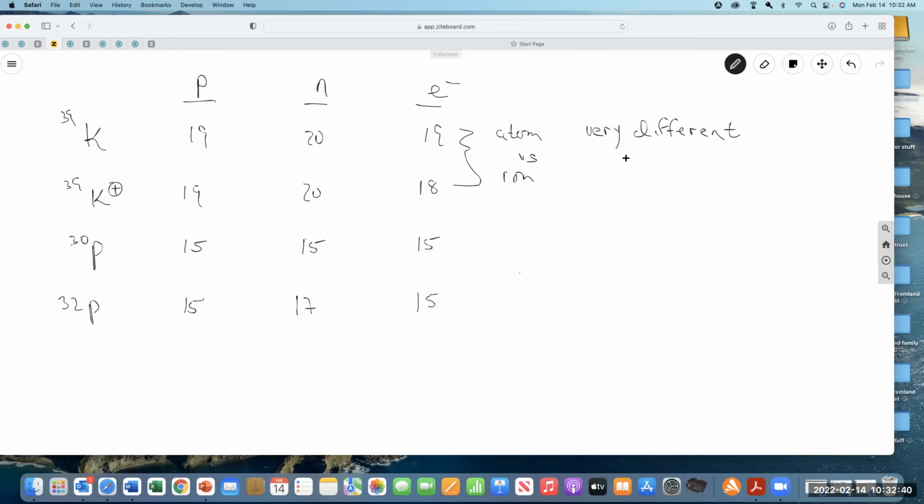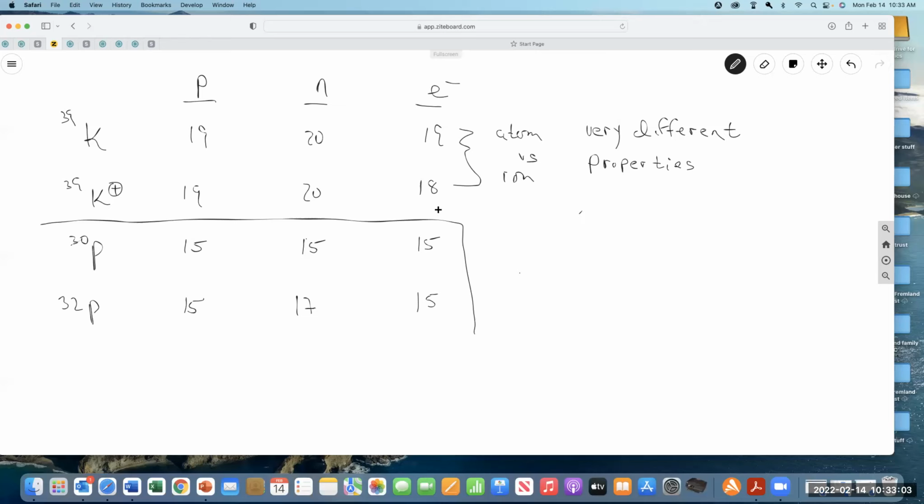Very different properties, physical and chemical properties. And now structurally, we'll do these ones in a second. Structurally, what's different between an atom and an ion? Different amount of electrons. Very good, right?